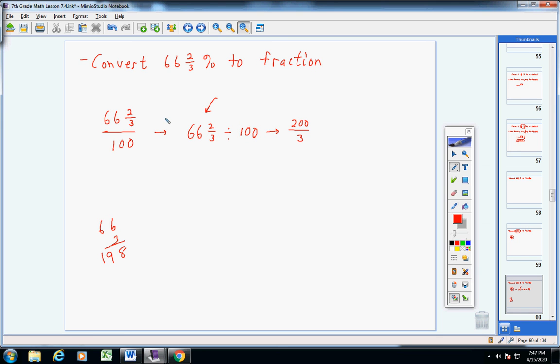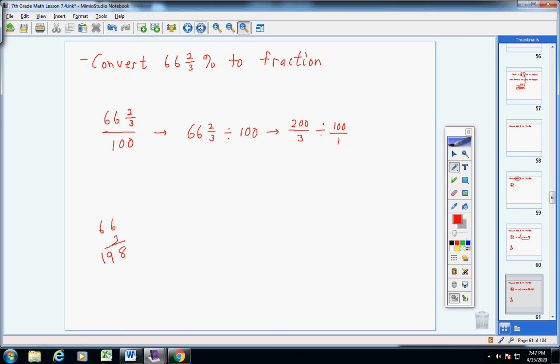So we have to make our mixed number an improper fraction. In order to do that, you take your denominator times this number here, and then you add this number here. Got it? So, 66 times 3 is 198, plus 2 is 200. So we put 200, and your denominator does not change. And so there we go.